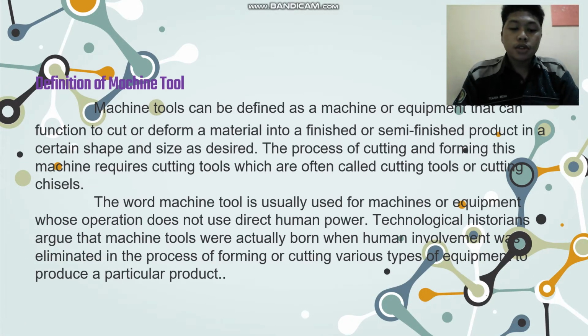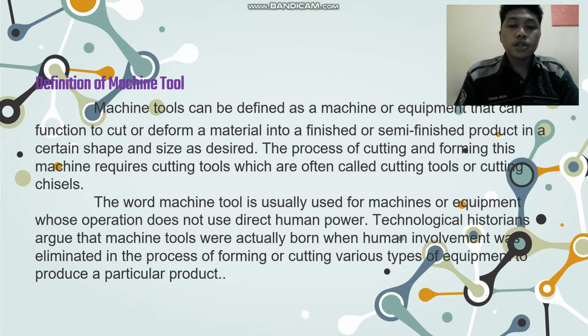First, let's begin with the definition of machine tools. A machine tool can be defined as a machine or equipment that functions to cut or deform a material into finished or semi-finished products in a certain shape.